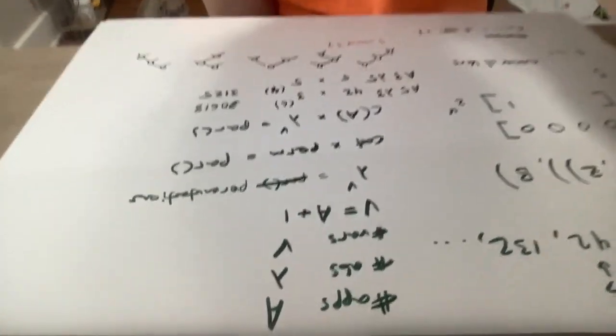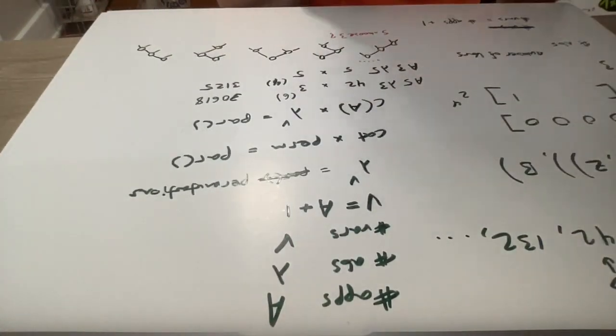So that means there's 10 ways that you can orient these dots for each of these things, right?